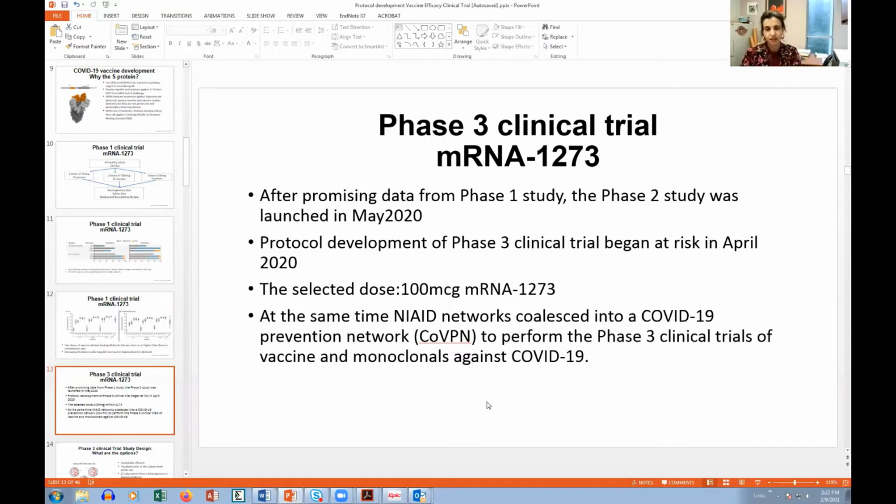Then I developed a protocol synopsis with the HVTN, with the HIV Prevention Network, with whom we merged. And then it was realized that Operation Warp Speed indicated that since the IND is with the company, the company is in charge of the protocol. So we developed yet another protocol synopsis with the company. So as Kathy mentioned, we had to write and rewrite so many times what we're doing.